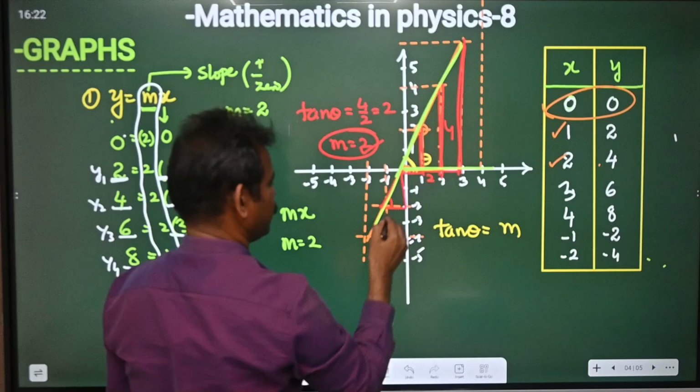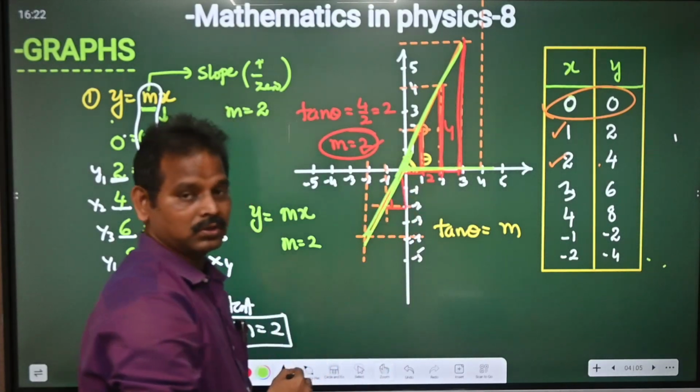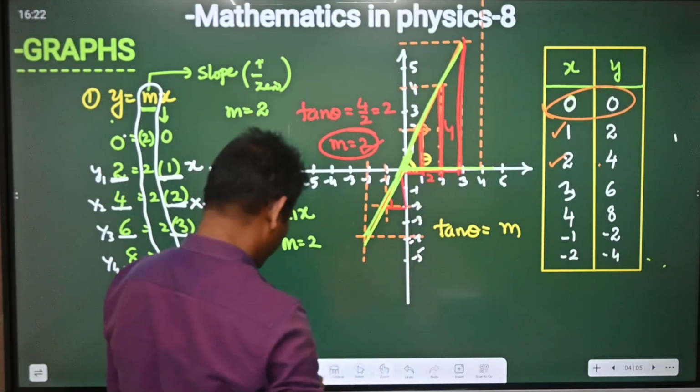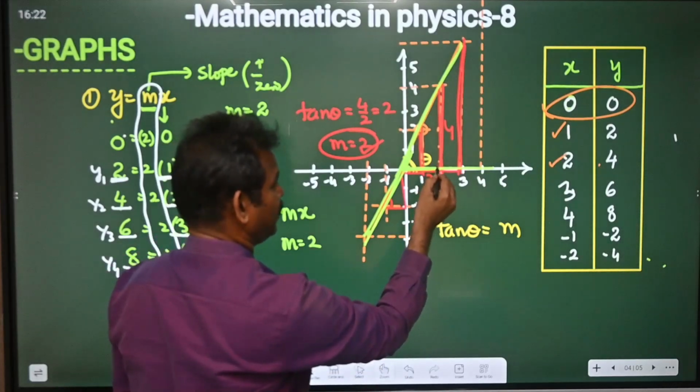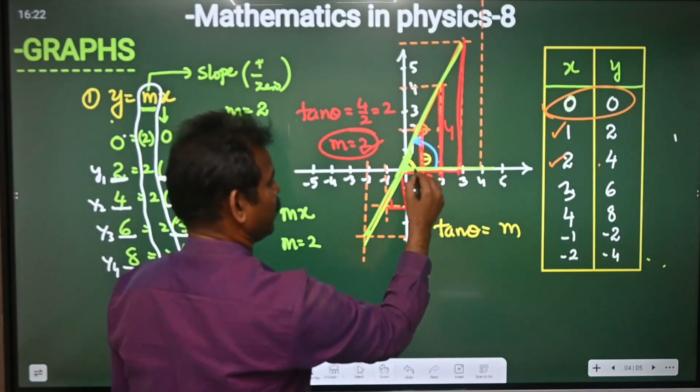This is the given graph, which is passing through the origin. The slope is always measured in anti-clockwise direction from x-axis.